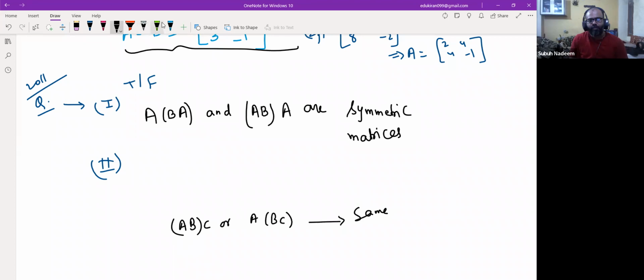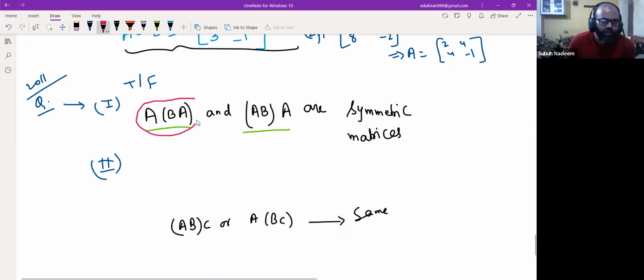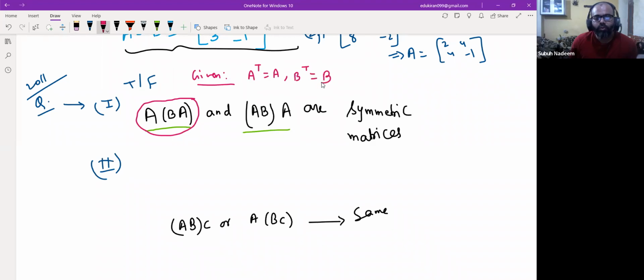So if you can tell whether it is true or false for this one, it will be applicable here also. So you don't have to do for them differently. So just tell me whether this one is a symmetric matrix or not. And it is given that A is symmetric matrix and B is symmetric matrix. This is given to us. And then it is being asked whether this matrix is symmetric or not. So can you tell me it is true or false?